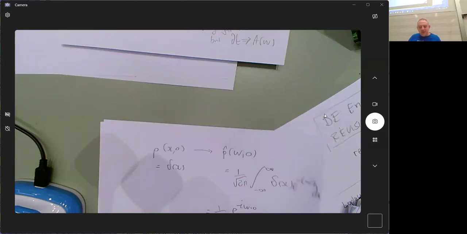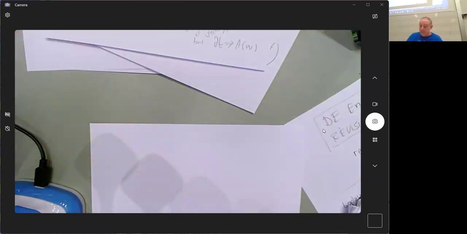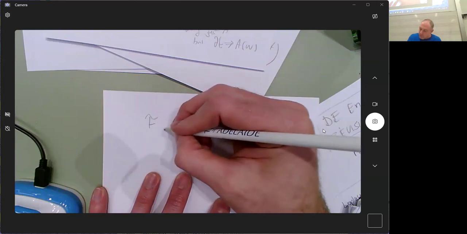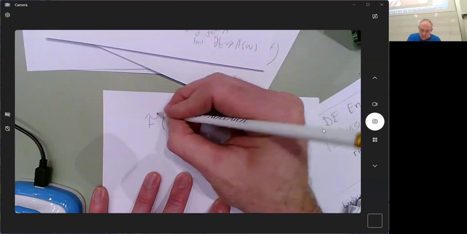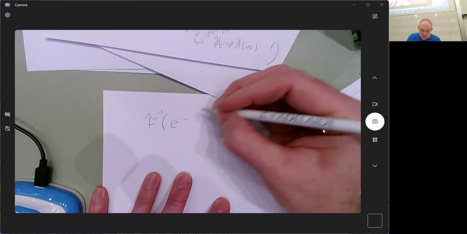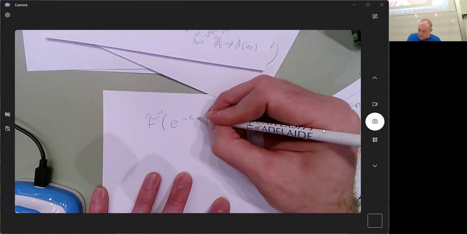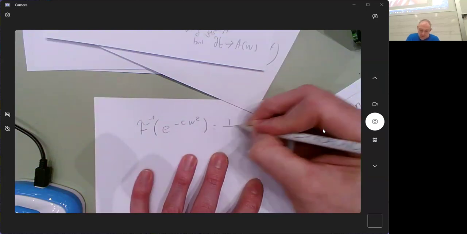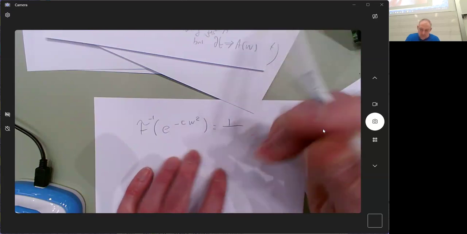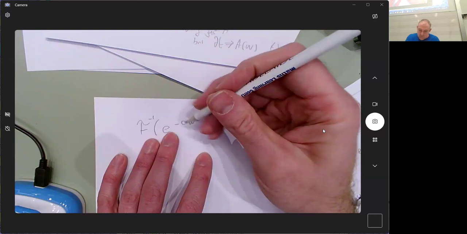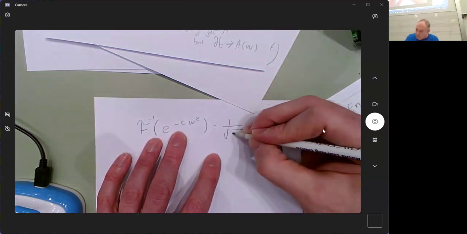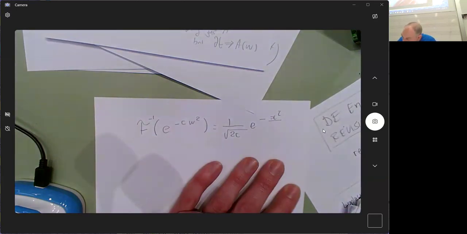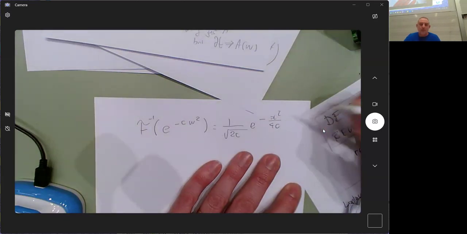And in tutorial 11, apparently, they found that the Fourier transform of e to the minus c w squared is apparently that.